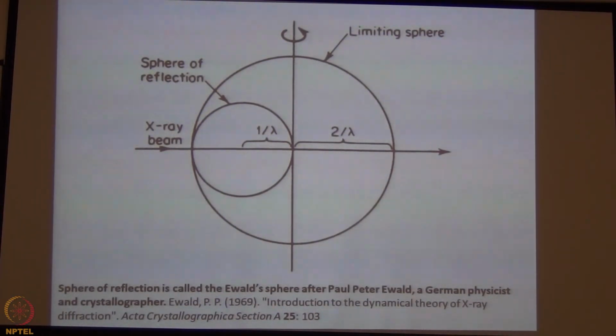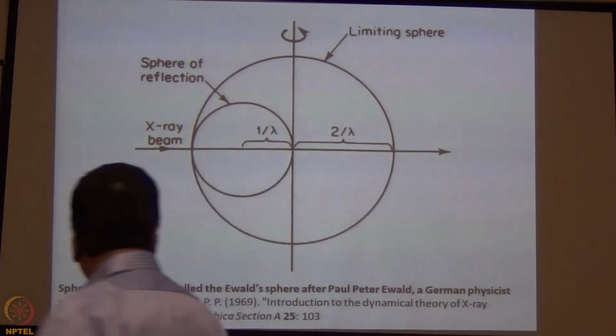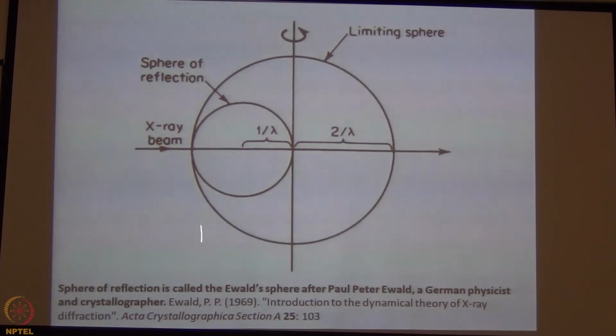So the limiting sphere is a larger sphere which can be accessed. The reflections falling in the limiting sphere can be accessed and can be recorded, provided when they pass through the sphere of radius 1 by lambda. Right? So this concept was introduced by Peter Ewald, and the sphere of reflection is called the Ewald sphere after the name of Peter Ewald.